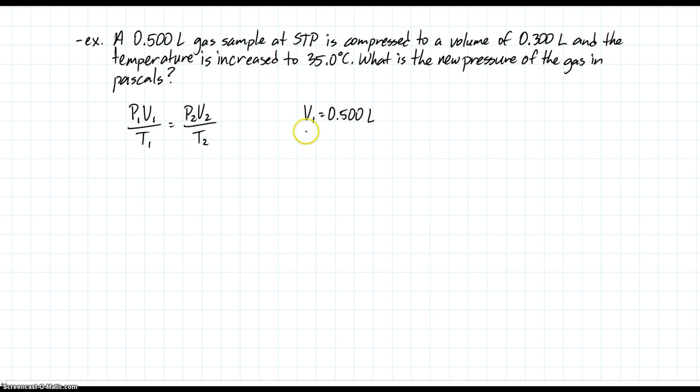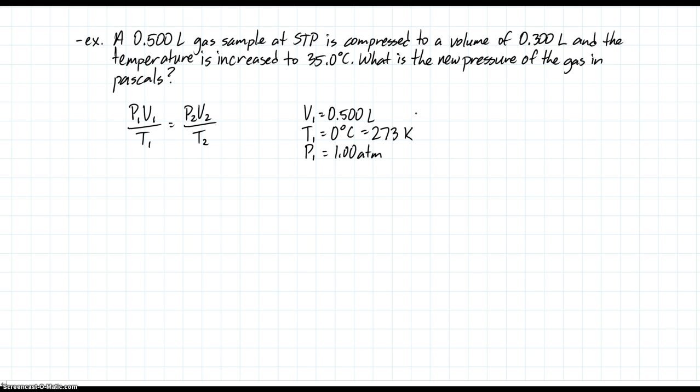And remember that standard temperature and pressure is a temperature of 0 degrees Celsius and a pressure of 1.00 atmospheres. One thing to think about, just as with the ideal gas law, our temperatures need to be in kelvins, and we know that to get temperature in kelvins, you add 273 to the temperature in degrees Celsius, so T1 equals 273 kelvins.